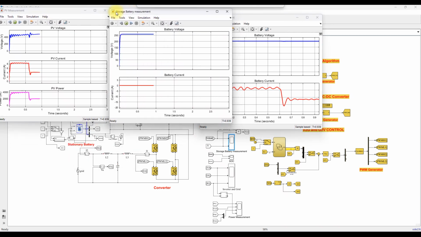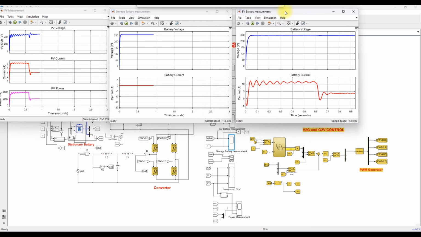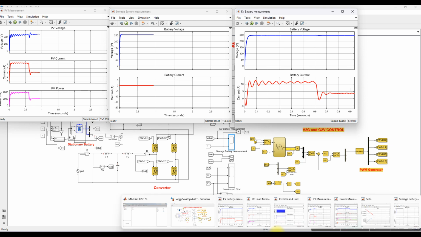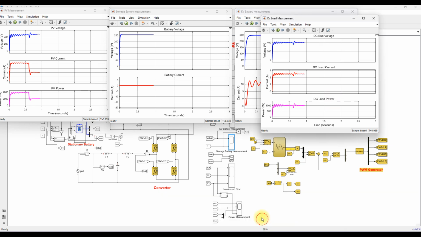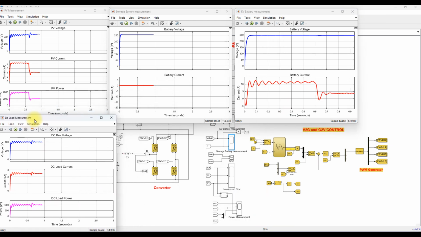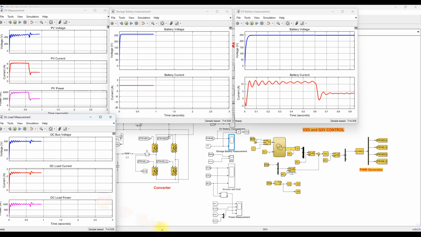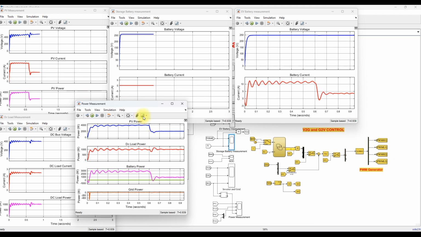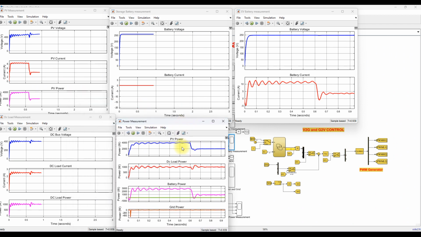Here we can measure the storage battery voltage and current, EV battery voltage and current, and the DC bus load current and power. Then we can measure the power of PV, DC load power, storage battery and EV power, and grid power.